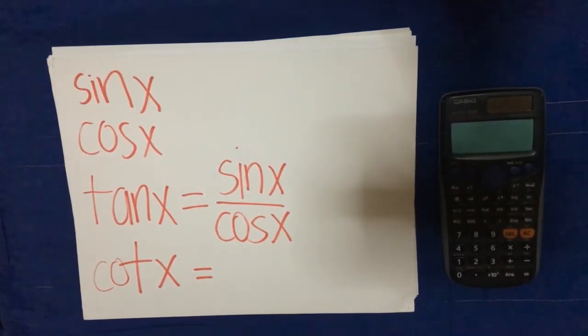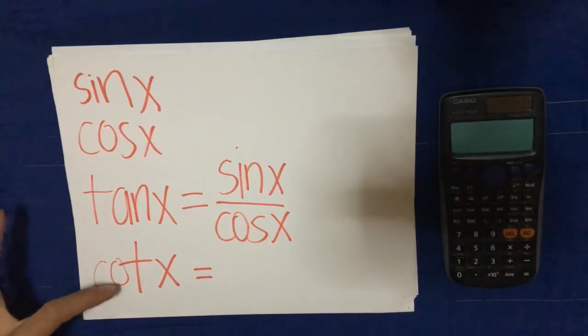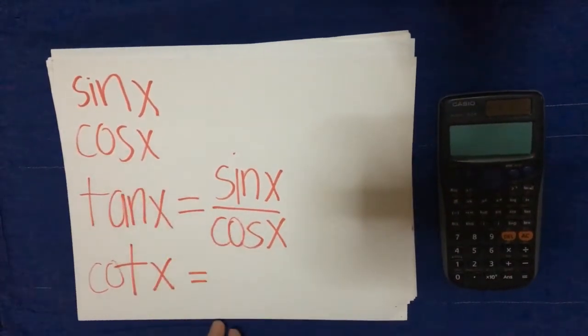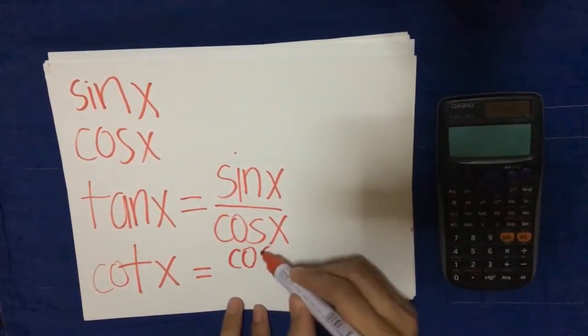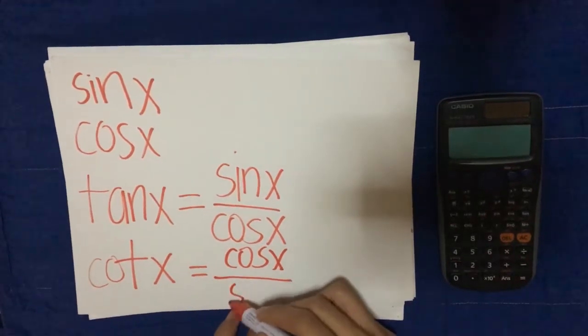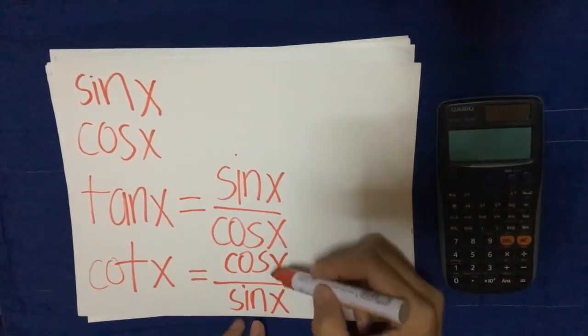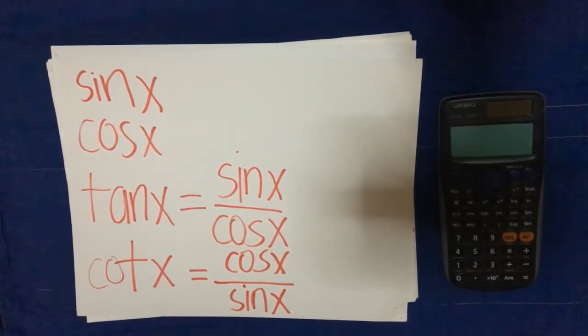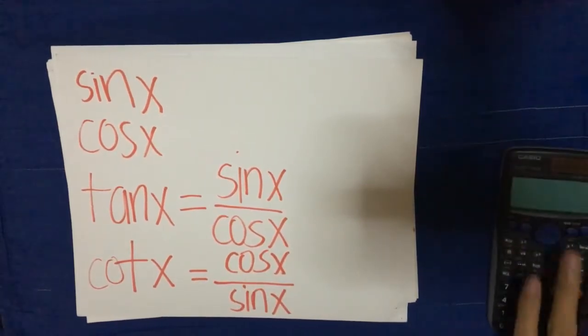Cotangent is the inverse of tangent and vice versa. Therefore, cotangent as a function of sine and cosine is cosine x over sine x. And you have to remember that one.